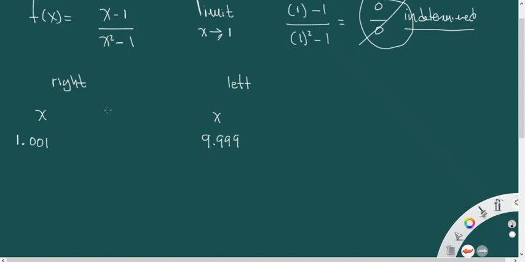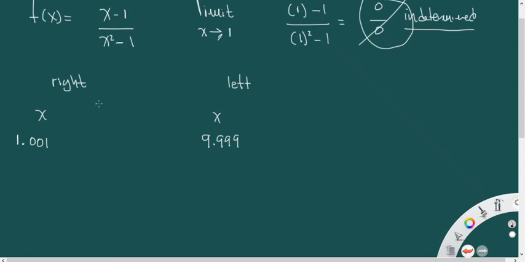let me do a little bit here of x minus 1 divided by x squared minus 1, and let's see what's the value of the function when x equals 1.001.